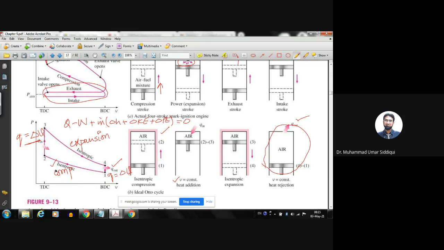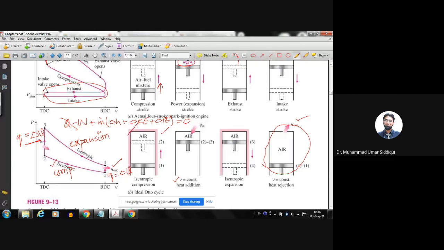Now here in this case, when we talk about compression, first of all, we are saying isentropic compression. And remember, I told you in chapter number 7, whenever we say isentropic, that also means adiabatic. So adiabatic means this term will be 0. The work will always be there since there is compression. Since the amount of air going in and out, both are from the exhaust and the intake valves, and they are of the same dimensions, there won't be any change in the kinetic energy for the fluid going in and out.